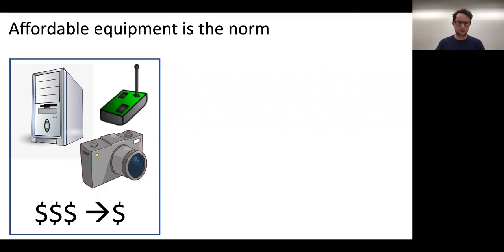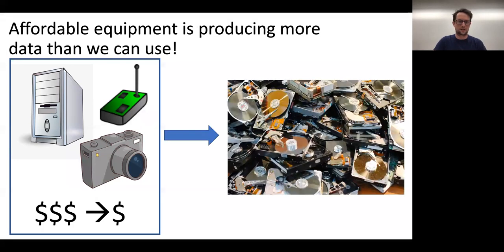It's becoming super, super cheap, which is fantastic. But at the same time, it means that we've got this massive influx of image and sensor data, which seems to be more than I think we can effectively make use of right now.